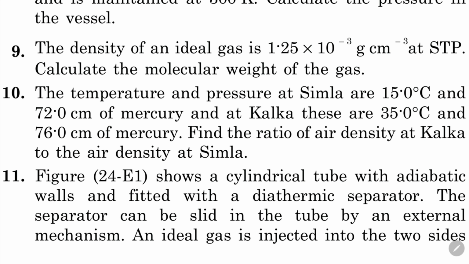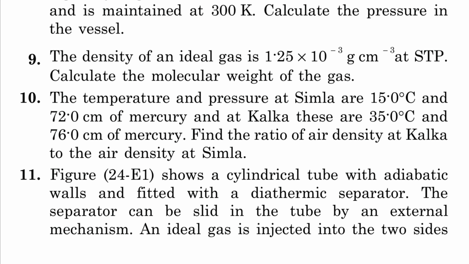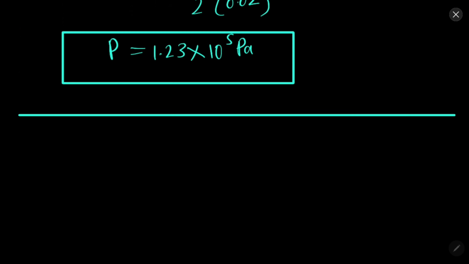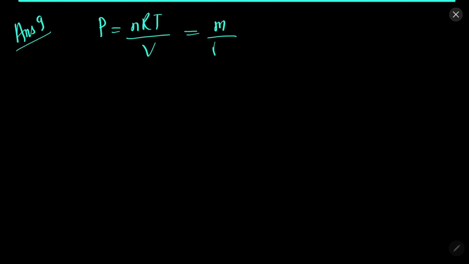In question 9, the density of an ideal gas is 1.25 into 10 to the power minus 3 at STP. We need to find the molecular weight of the gas. So P equal to nRT over V, or m over M RT over V. Now it is given that the density, mass upon volume, is rho.